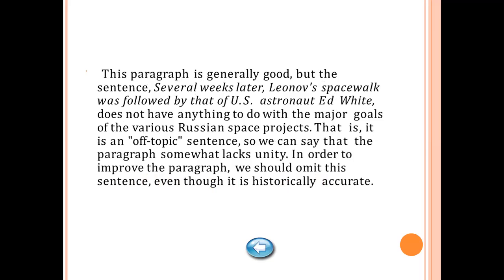This paragraph is generally good, but the sentence about Ed White's spacewalk doesn't have anything to do with the major goals of the various Russian space projects. That is, it is an off-topic sentence. So we can say that the paragraph somewhat lacks unity. In order to improve this paragraph, we should omit this sentence even though it is historically accurate.